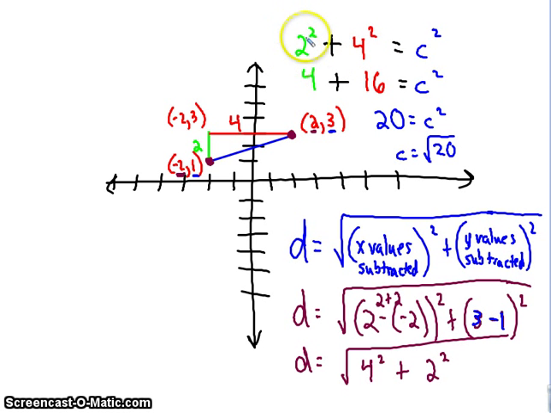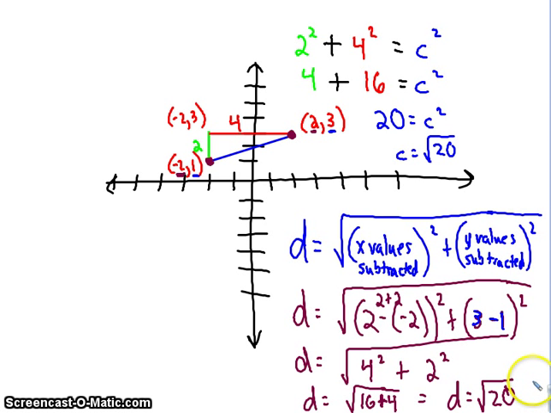This was the length of the green line, and this was the length of the red line. Well, that's kind of weird. Okay, that's cool. So D is equal to 16 plus 4. I saw that somewhere too. Oh, that's what it is when we square the green and the red. So our answer is still D equals the square root of 20.